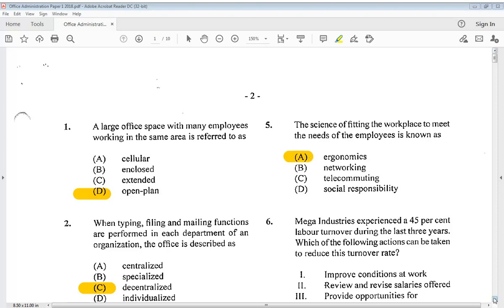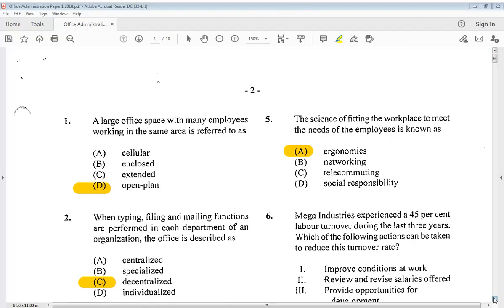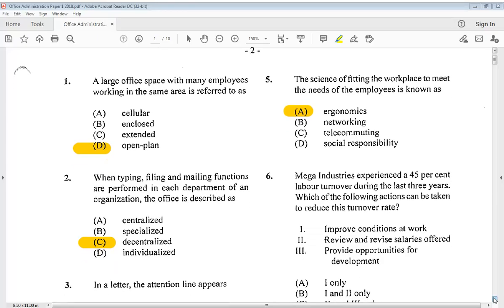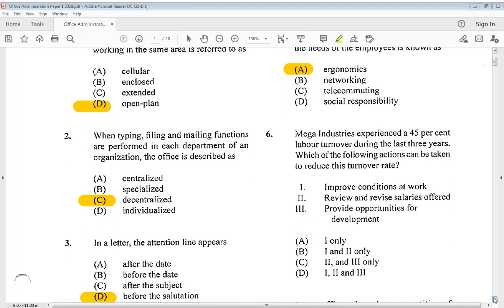Number 6 says, Mega Industries experienced a 45% labor turnover during the last 3 years. Which of the following actions can be taken to reduce this turnover rate? 1. Improve work conditions at work. 2. Review and revise salaries offered. 3. Provide opportunities for development.